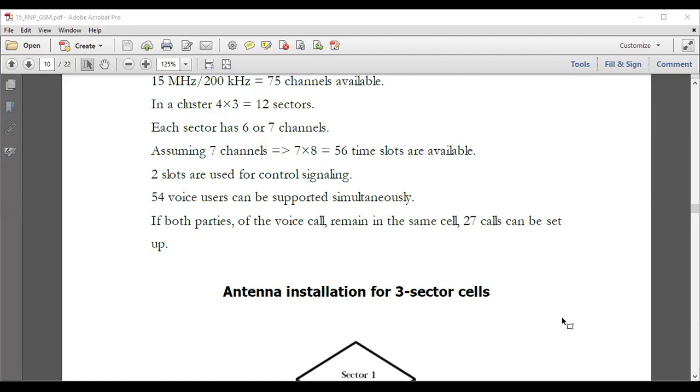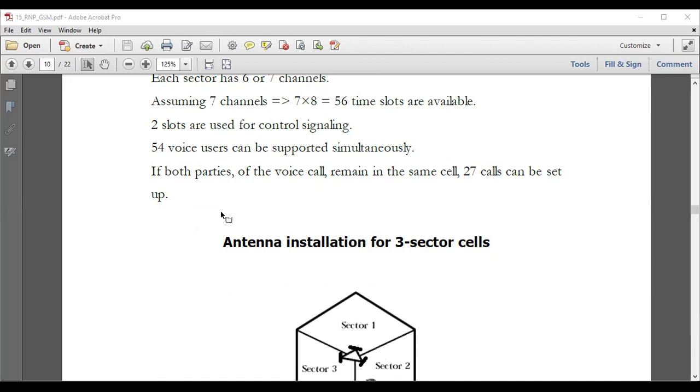So if you consider this consumption in the same cell, then you have 54 time slots to allow the users to access the radio resources. So 54 will be used, and every two will be used for a particular voice call. So 27 voice calls can be set up, right? Yes, if you consider both users of a voice call in the same cell.